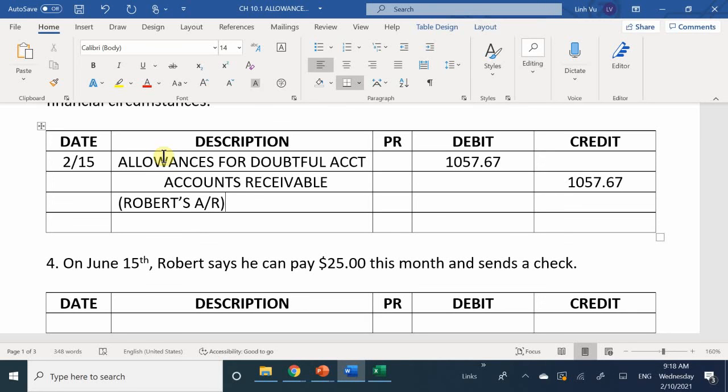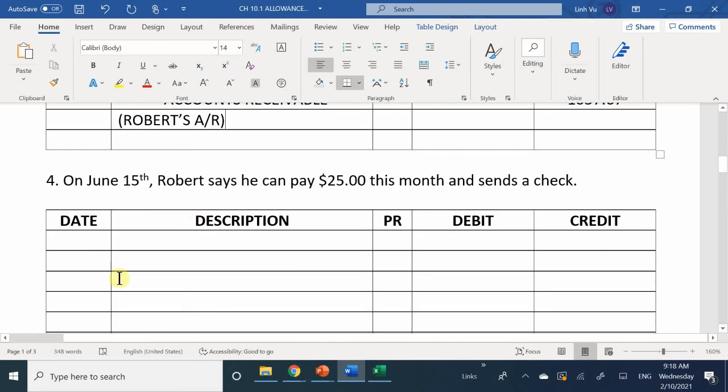Go back into accounts receivable. What are we putting back in accounts receivable? The 1,057.67.